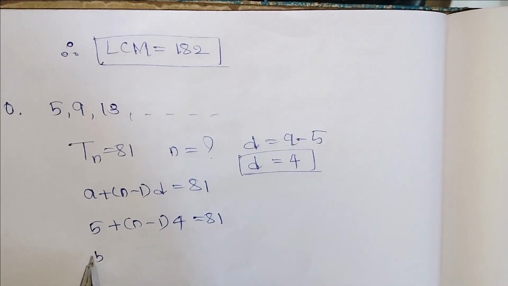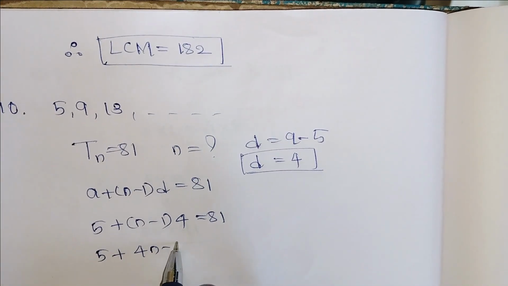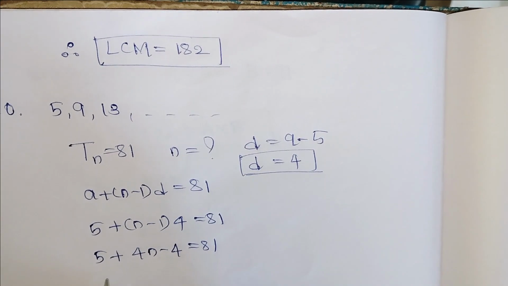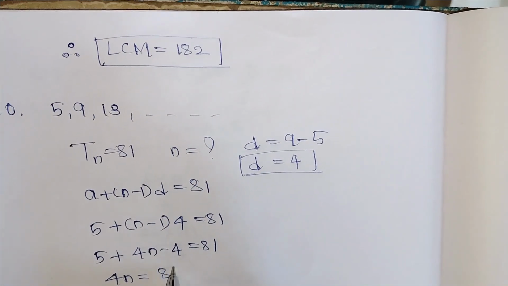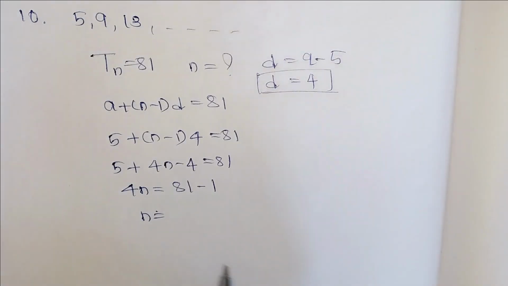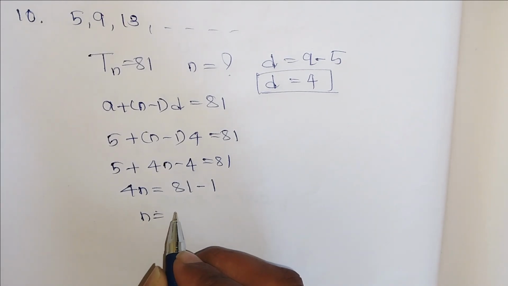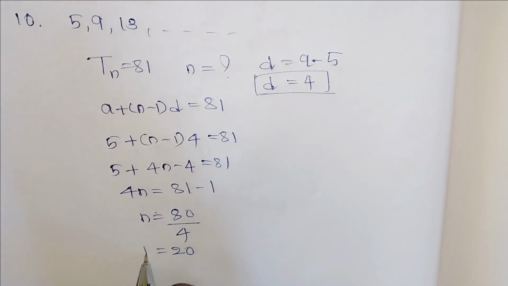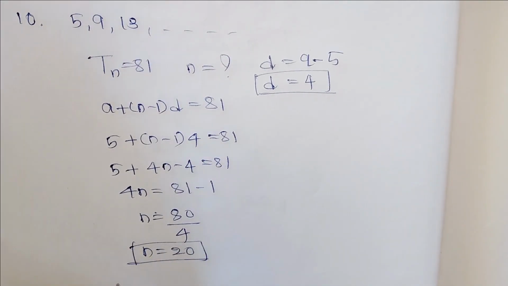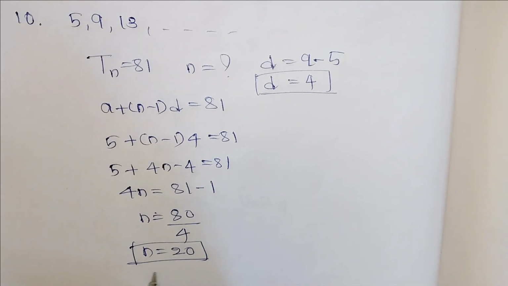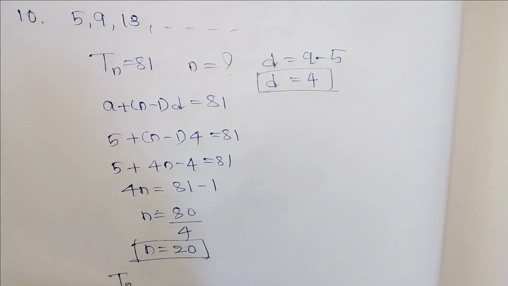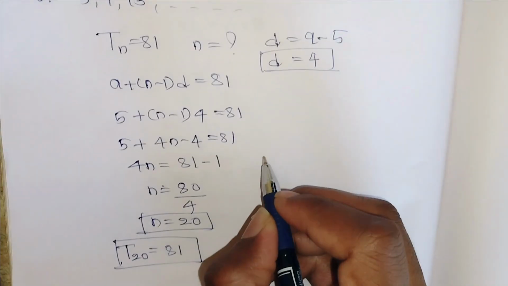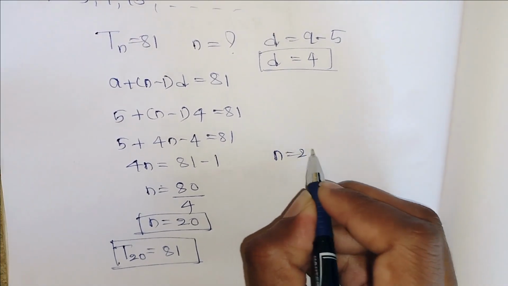So 5 plus 4n minus 4 equals 81, and n becomes 80 divided by 4, that is 20. So it is the 20th term. T20 is 81. So n becomes 20. 20 is the answer.